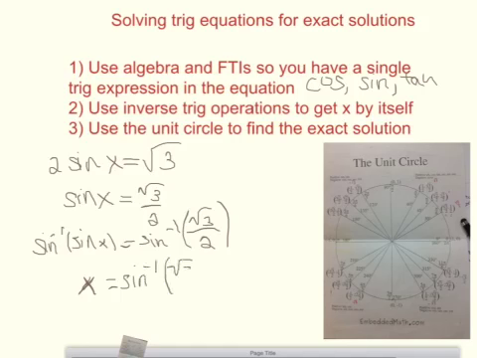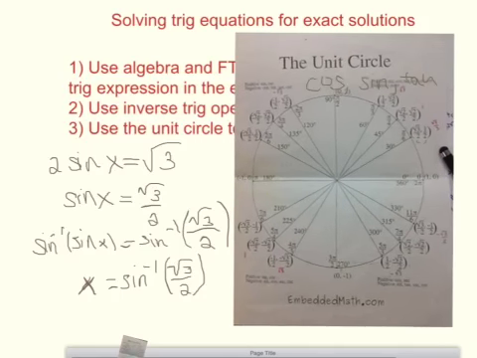So remember that when we have inverse functions for trig, our output is going to be an angle measurement. So this is asking us for what angle has a sine of square root of 3 over 2. So then I go to my handy dandy unit circle, which I'm going to bring up here.